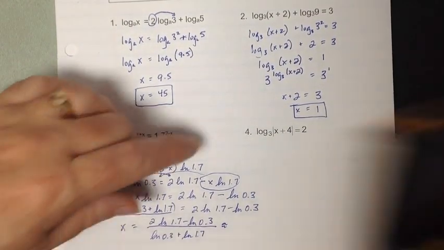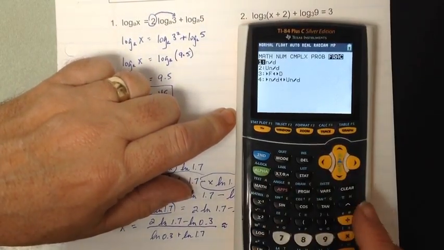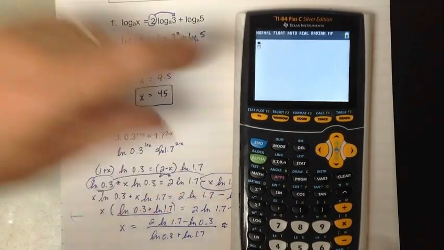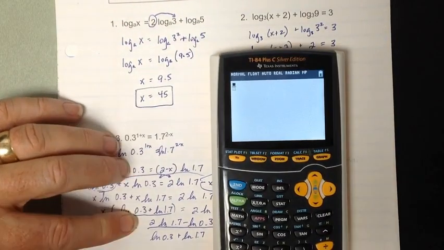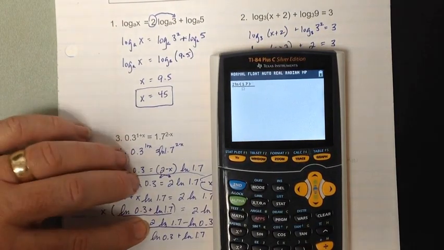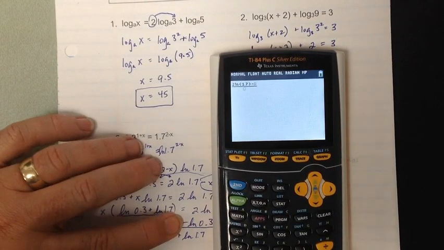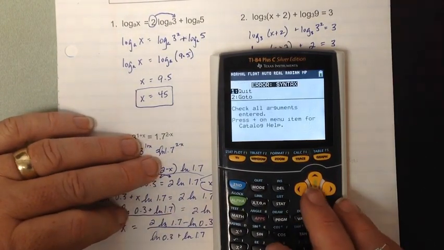So let's see what that is. Remember, math, left arrow. If you have a calculator, math, left arrow. I'm going to make a fraction here. So 2 ln(1.7), close my parentheses, minus ln(0.3), close my parentheses.